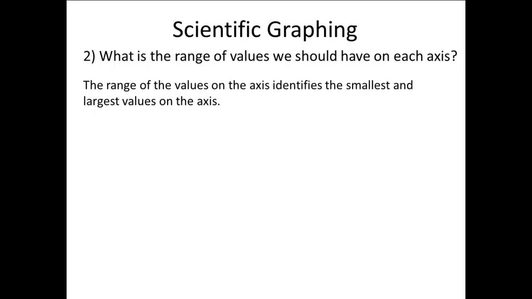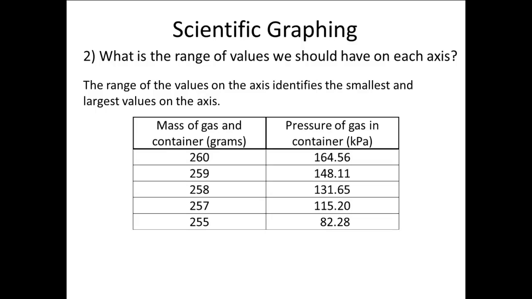However, if we start from 0, that may leave a large part of the graph without points. In the data we were given, the smallest mass is 255 grams, and the largest mass is 260 grams. So if we start at 0, our points will be clustered at the right edge of the graph, and it will be hard to see what the relationship is between the variables.